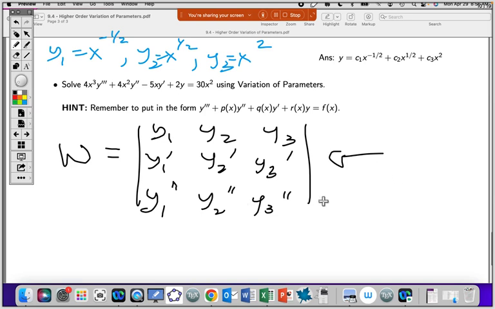And since this is a Cauchy-Euler, we're going to be choosing a positive or negative interval to be on. So it'll be non-zero on whichever interval we pick. So we'd have to get that. This would be some function of x.